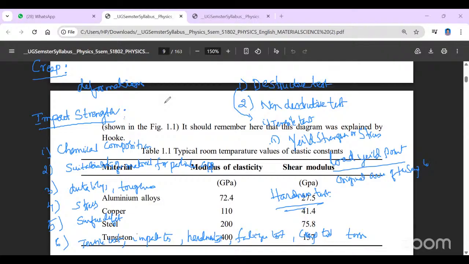Under this hardness test, we can proceed in different ways, like the Brinell hardness test, Vickers hardness test, and Rockwell. If you take the Brinell hardness test, this method is used to determine the hardness and quality of the material. Similarly, another type of test is the Vickers hardness test.